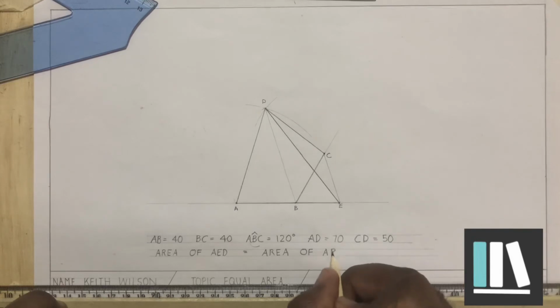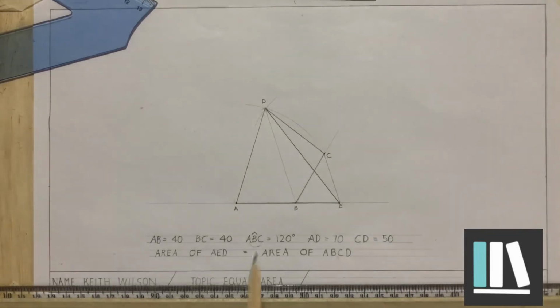ABCD is the irregular quadrilateral. So ABCD has the same area as AED.